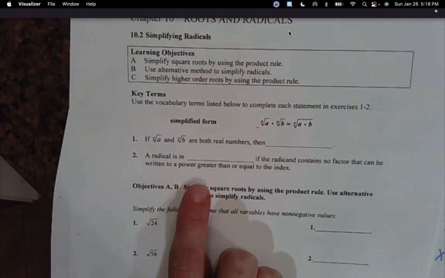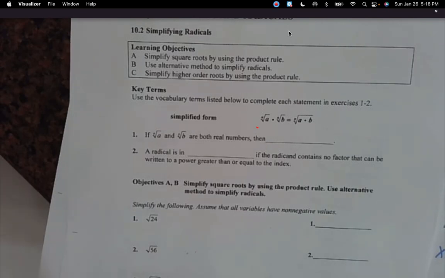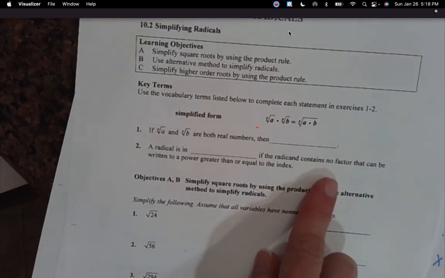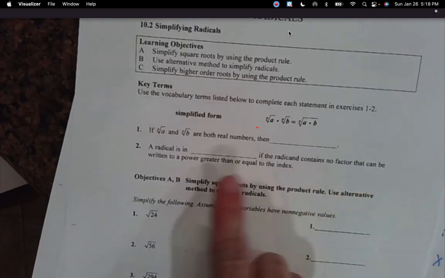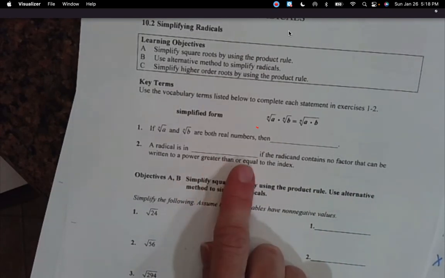Let me see if I needed to say anything on this one. It says, a radical is in blank if the radical contains no factors that can be written. Okay, this one's just going to be simplified form.